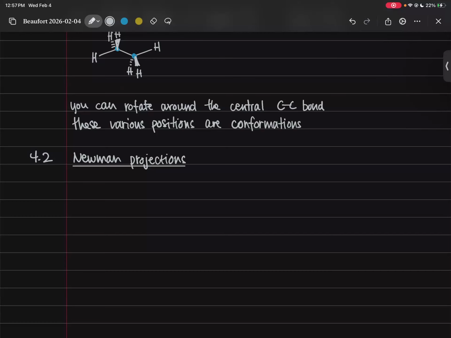I don't know what his importance was, but these Newman projections are almost exclusively used in order to look at different conformations, because in an application where you don't care about the 3D shape of the molecule, well, drawing a Newman projection is going to be too much work.